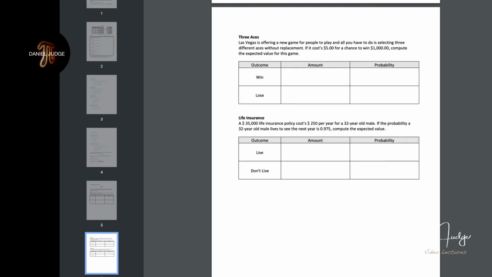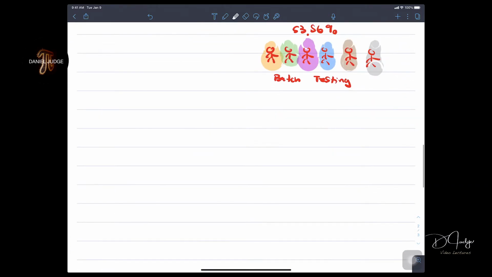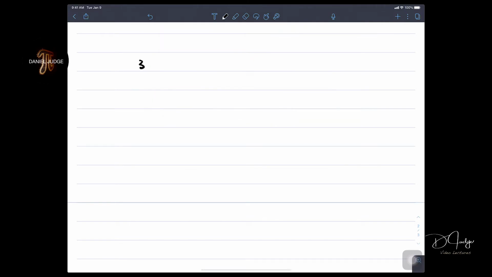In this particular game, all you have to do is select 3 different aces. This is how you win this particular game called the 3 Aces game. And when you gamble, you can either win or you can lose.